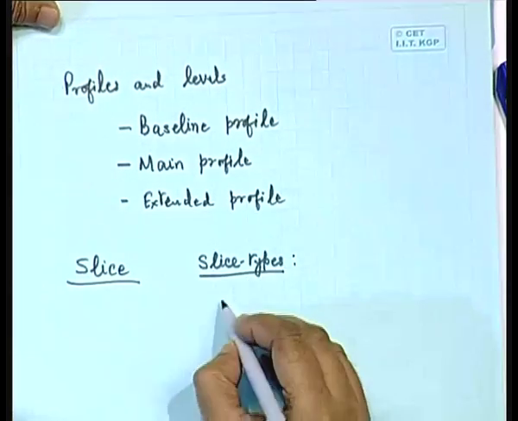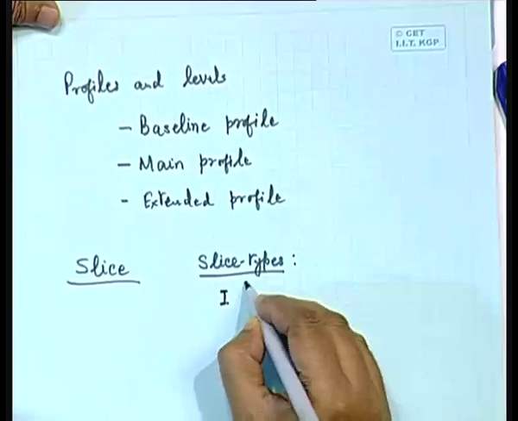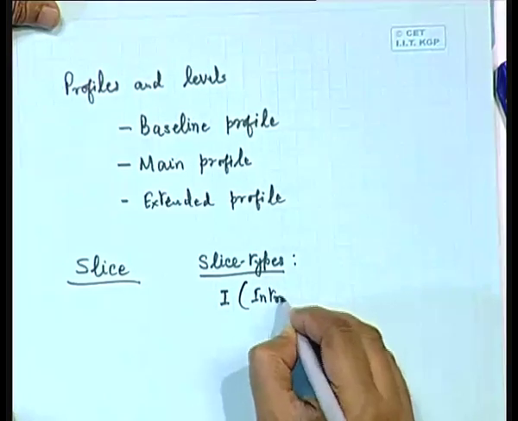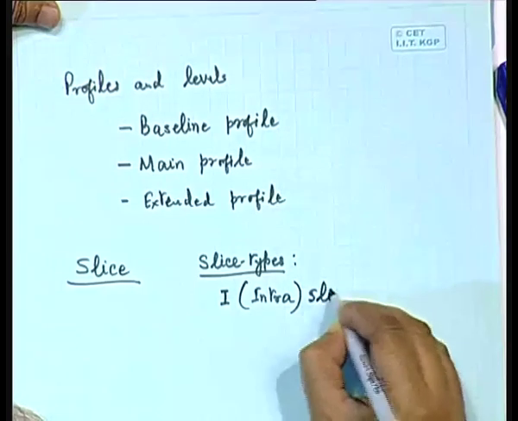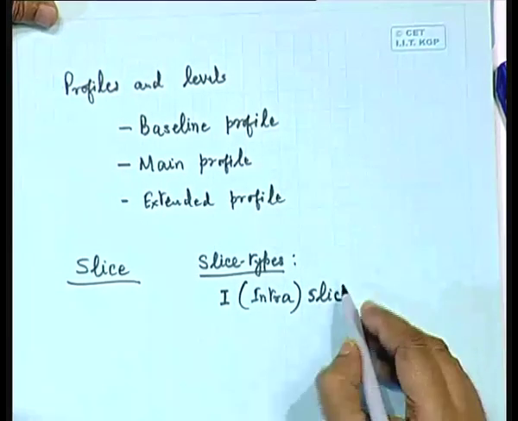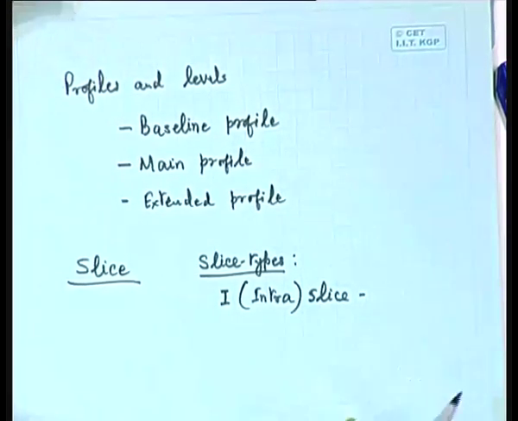The first is the I slice, which is referred to as the intra slice. An intra slice basically includes macro blocks which are intra coded.